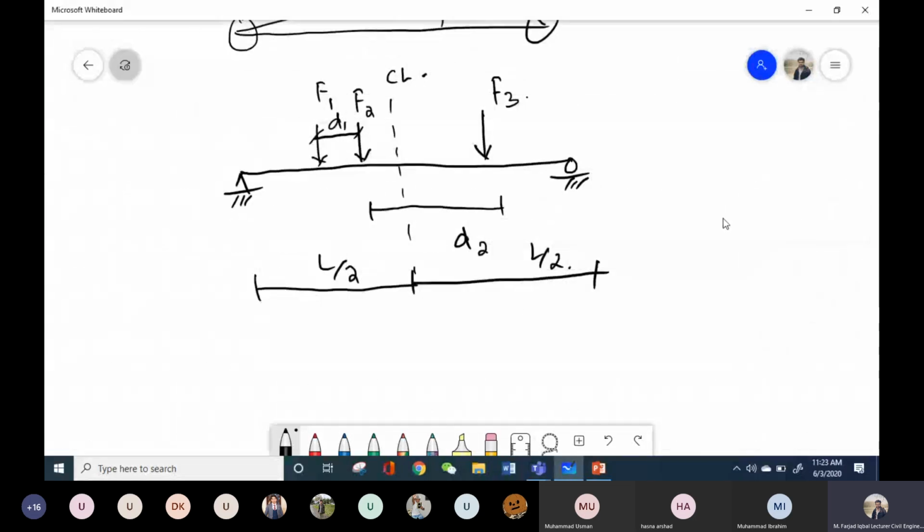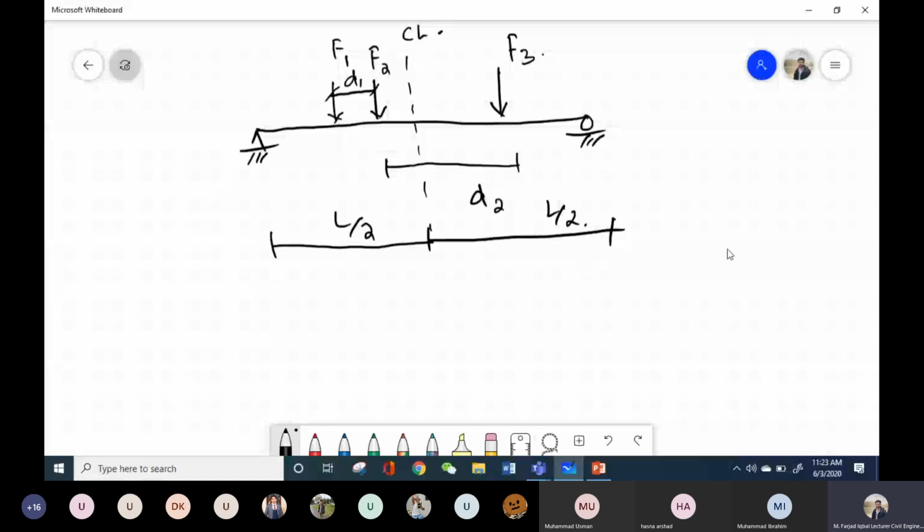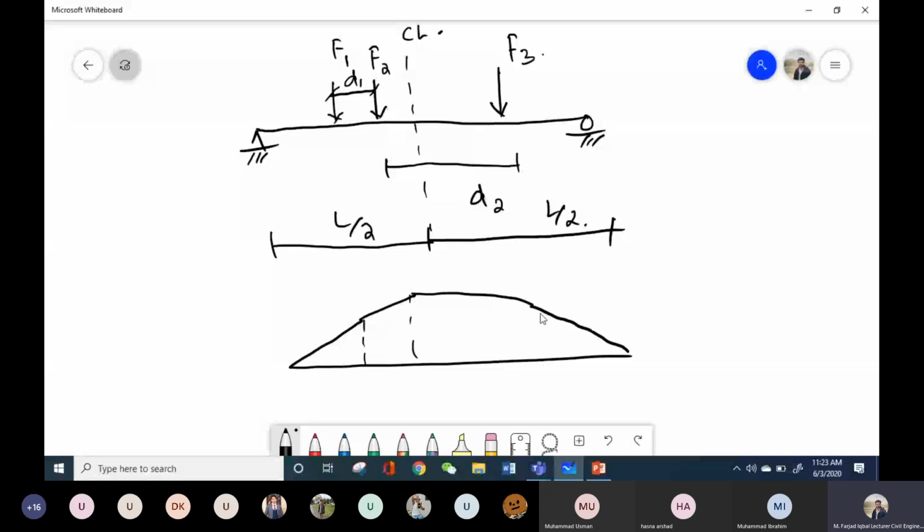So obviously I know that the bending moment diagram for a simply supported beam under different point loads is something like this one. These ordinates depend on which load is maximum, or at which point the maximum bending moment exists.